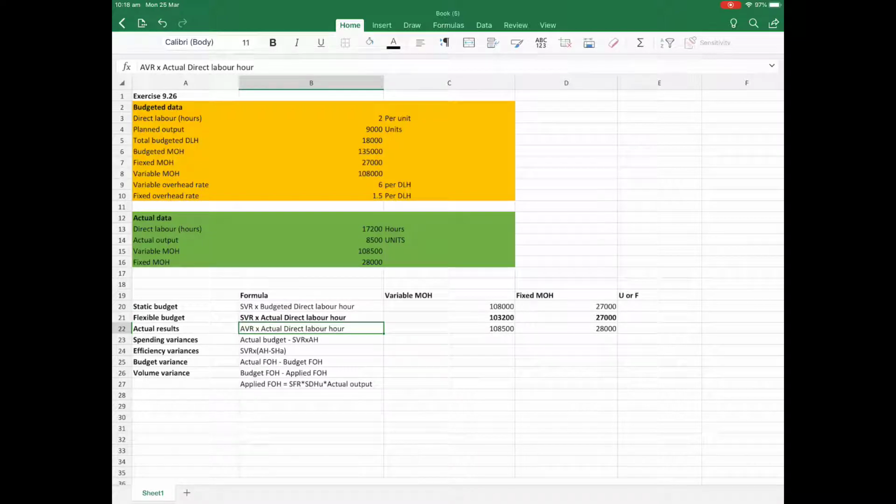Given the actual result of this amount, this result implies that there must be an actual variable rate.